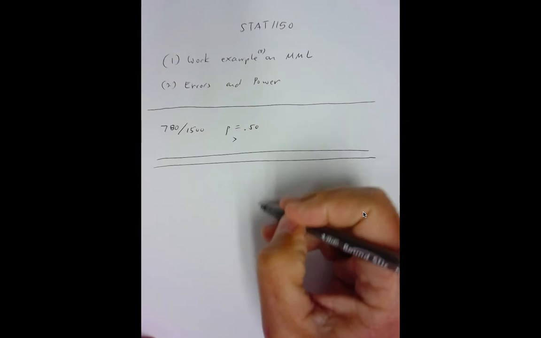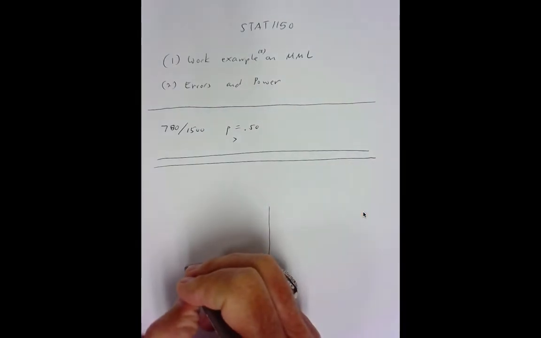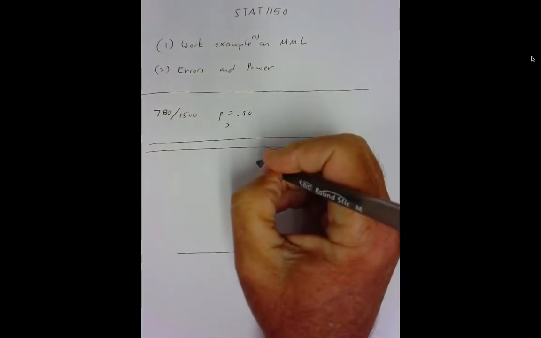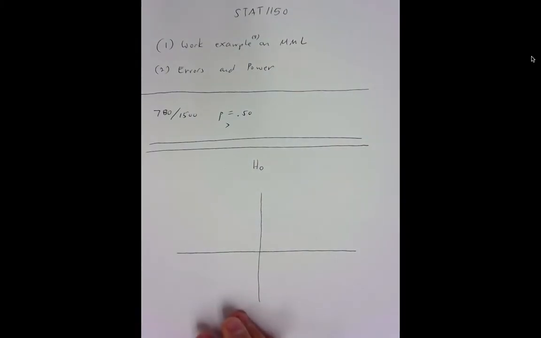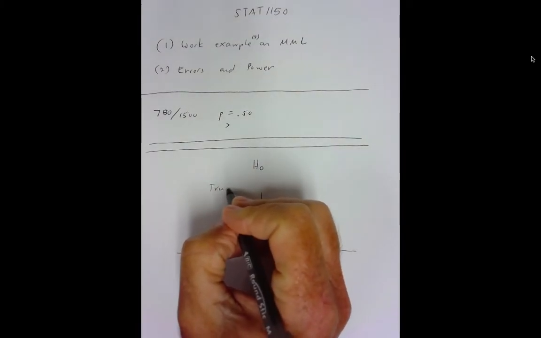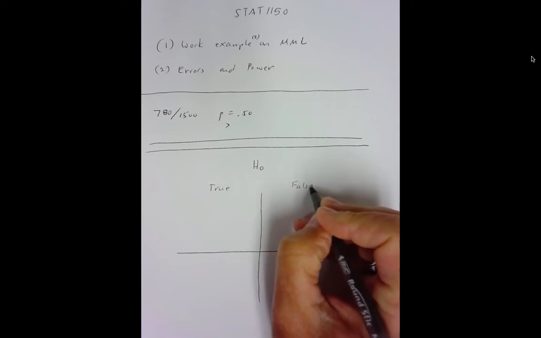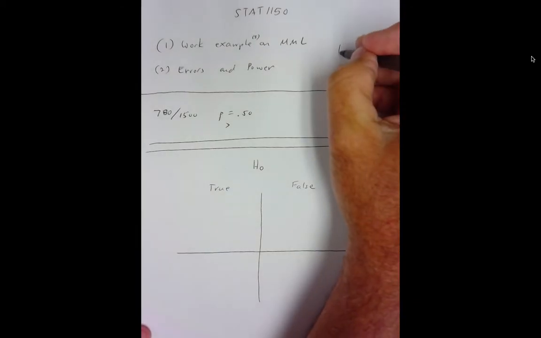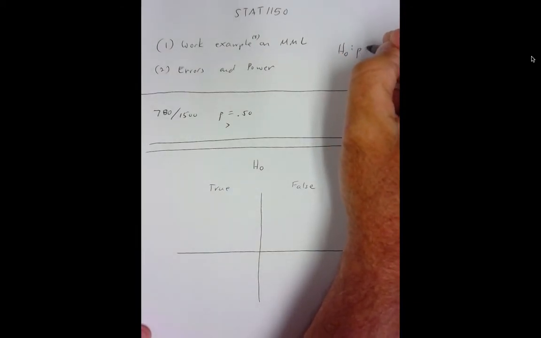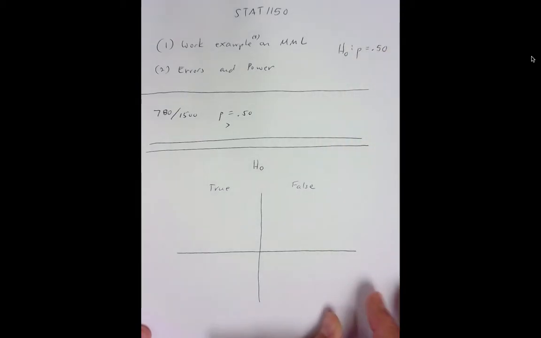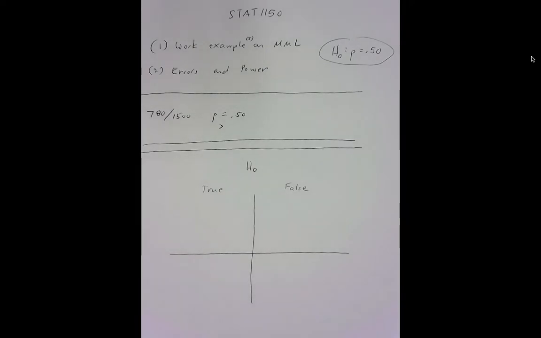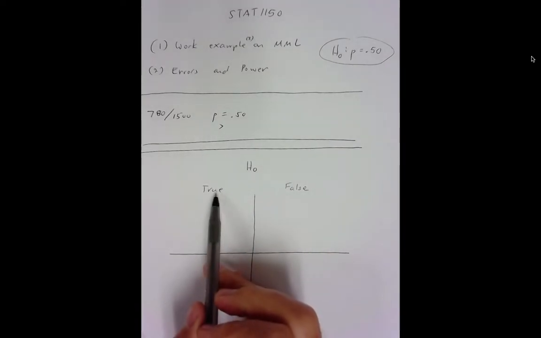All right, guys, the way to present errors is to look at a 2x2 table, and the H sub O that we present can be thought of as either being true or false. So let's go back to the H sub O, the problem we just worked. The percentage of people who feel that the rich should pay more taxes is either 50% or it's not.